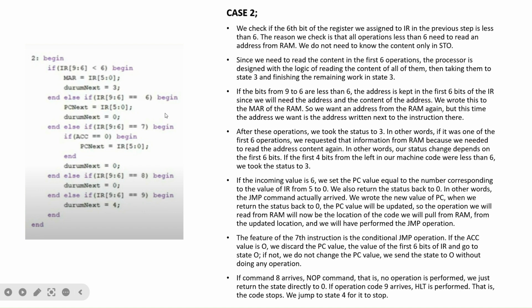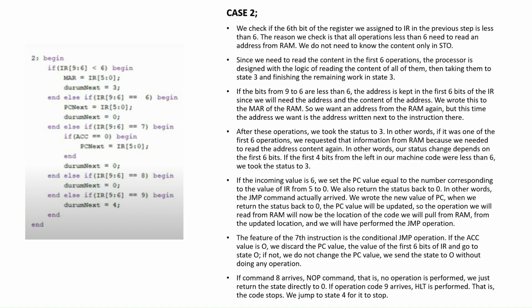In other words, the jump command arrived. We wrote the new value of PC. When we return the status back to 0, the PC value will be updated, so the operation we will read from RAM will now be the code from the updated location, and we will have performed the jump operation.